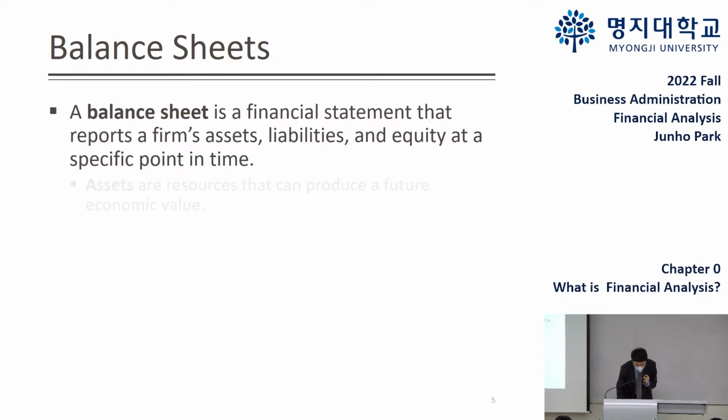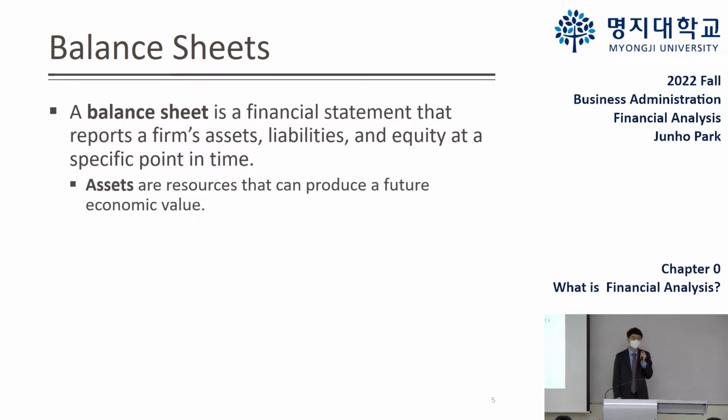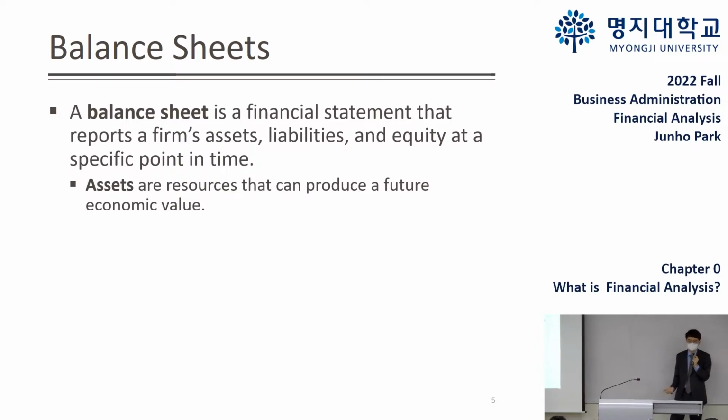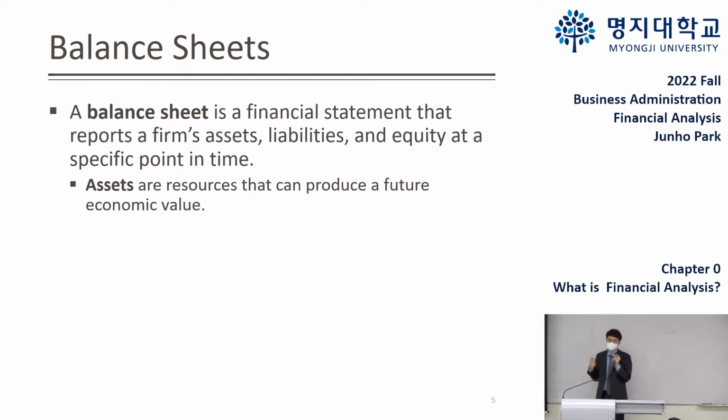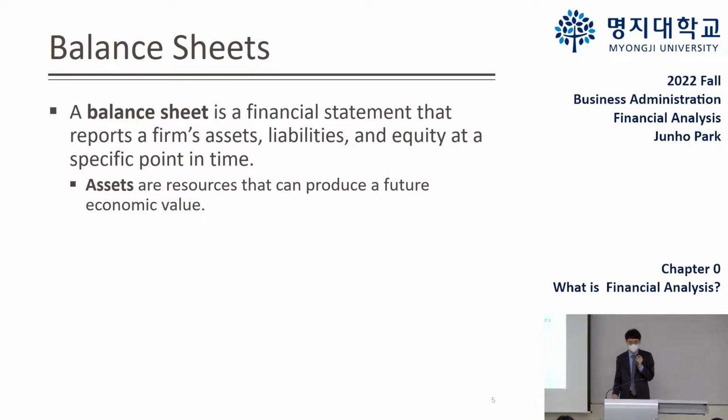So what are the assets? Assets are resources. In other words, capital that can be used to produce a valuable thing for the future. That can produce a future economic value. So if something can give you some benefits for your future, then you can call it an asset.